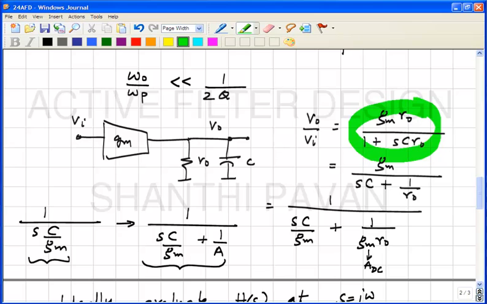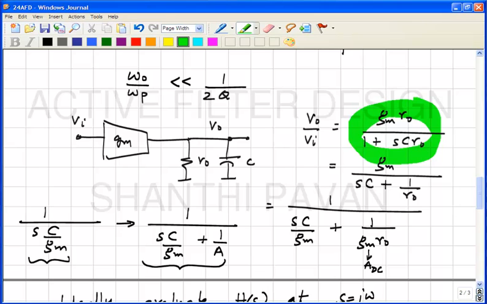Gm by C again, correct? But you can see that this is a first order filter, the denominator. So its phase can never reach minus 90. It will only asymptotically reach minus 90 at infinite frequency, correct? So at the unity gain frequency, its phase lag must be less than 90 degrees in magnitude, correct? So in other words, the excess phase is negative. In other words, there is a phase lead with respect to the ideal integrator phase. Does it make sense?